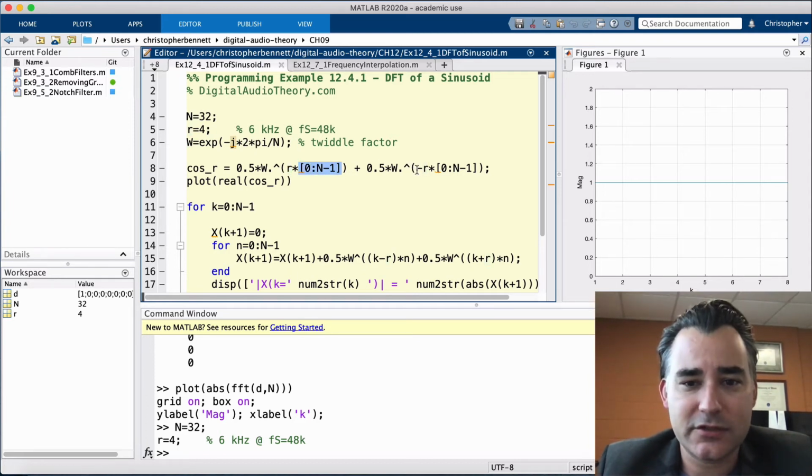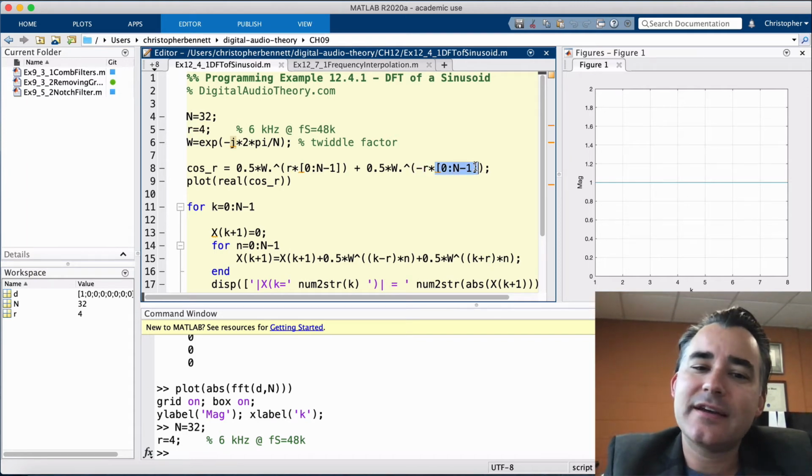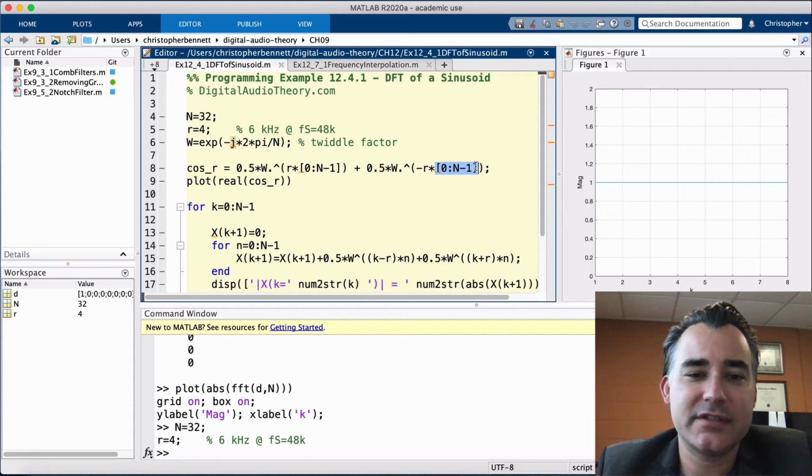The other will be raised to the negative r times n. And when I say times n here, I mean little n, which is a sample index, a sample vector going from 0 to big N minus 1.